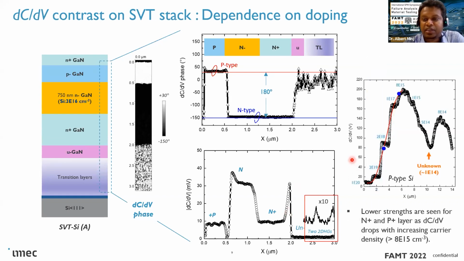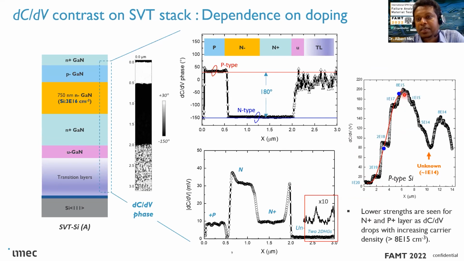dependency of the dC/dV on the doping concentration, which is non-monotonous in nature. For example, we are showing it for the p-type silicon calibration samples, which of course are available in imec as we produce them ourselves, and they're also commercially available for sale. And as you can see here, once the doping concentration goes down from 1E20 towards 1E16, we see an increment in the dC/dV, which saturates around 1E16.